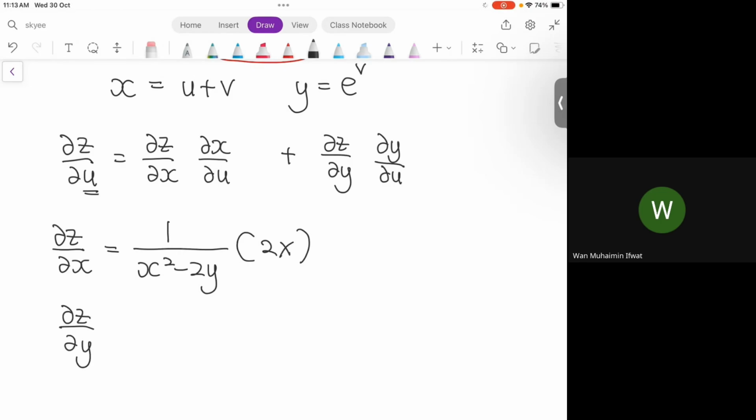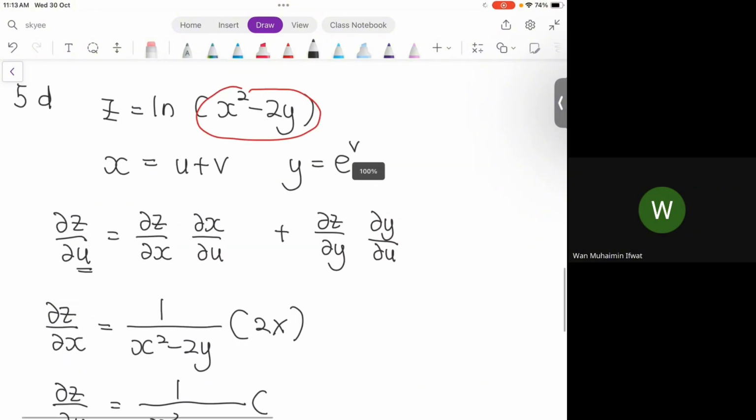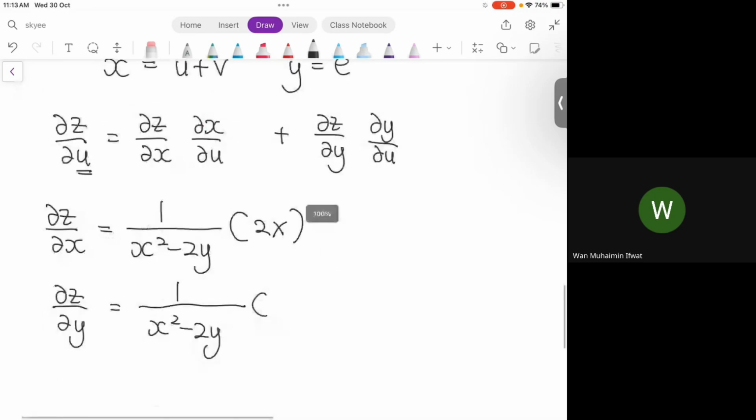As for del z del y, a similar step. You will still get this 1 over x squared minus 2y, and the term over here you have to differentiate with respect to y. So it will be 0 minus 2, so it will be minus 2. This one is del z del y.